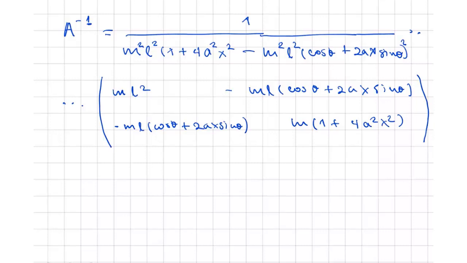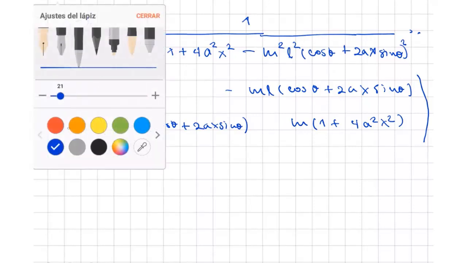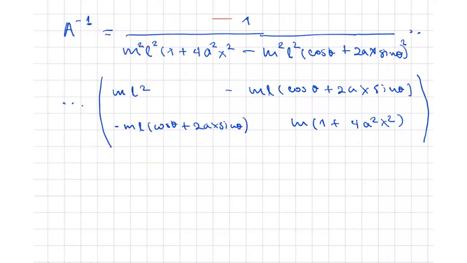Because this term is too long, I'm gonna call this prefactor 1 dividing delta. That way we save space when we are writing everything. So we know the matrix right now, okay?